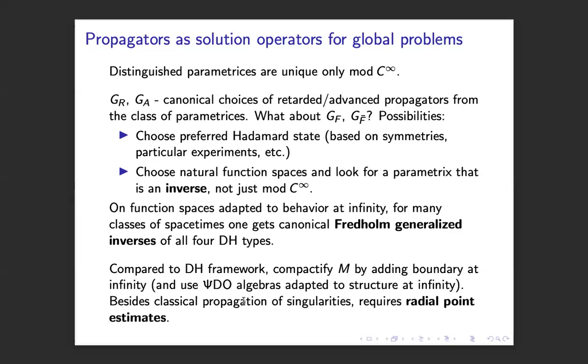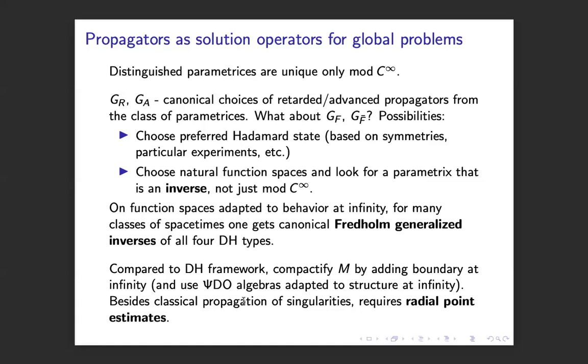In black hole spacetimes, you might be interested in considering a particular state. So in any given problem, you might just be concerned with a particular state. But it's also an interesting question whether for whole classes of spacetimes, you can define a Feynman propagator which only depends on the spacetime and not on some chosen state.